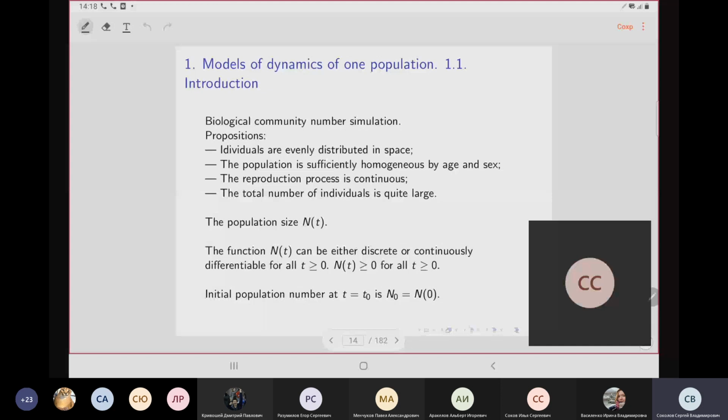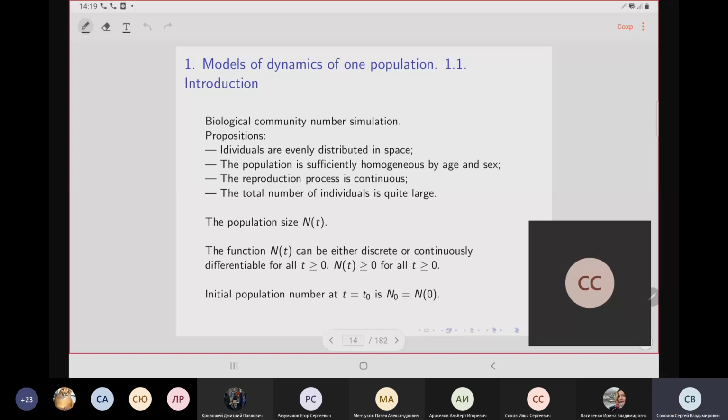We usually are interested in the amount of biomass, and we consider what is happening with this amount. So we are not interested in every individual, but in the whole population in general.